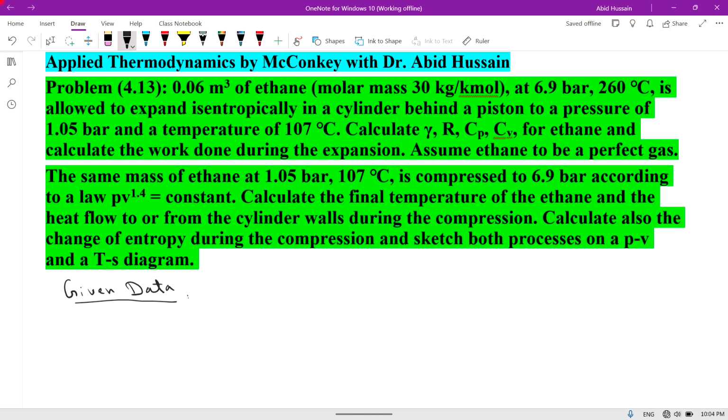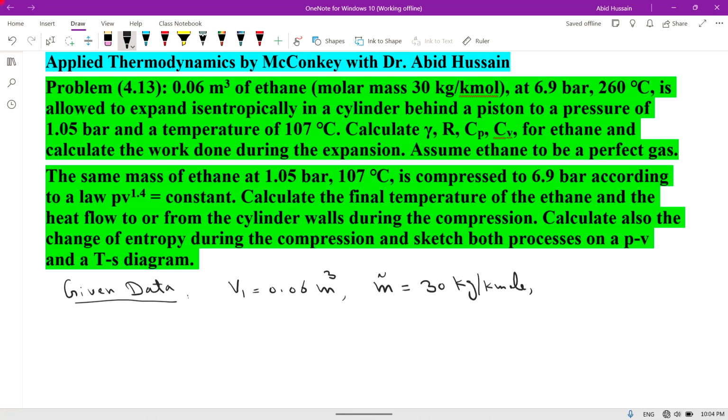Given data, initially: volume V1 is equal to 0.06 cubic meter. Working fluid is ethane, and the molar mass of ethane is 30 kilogram per kilomole.